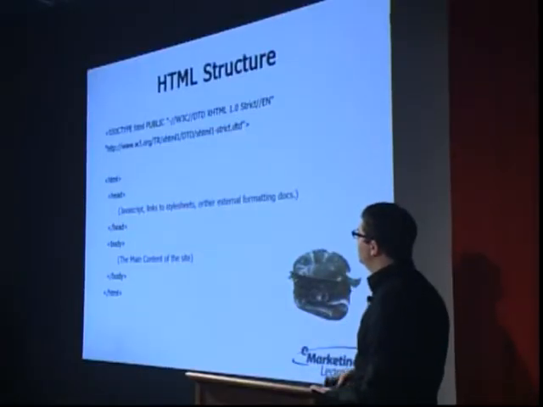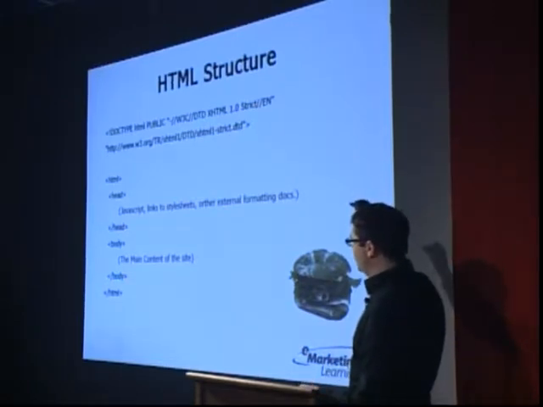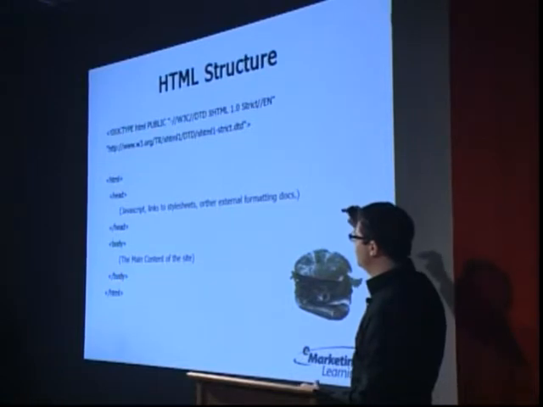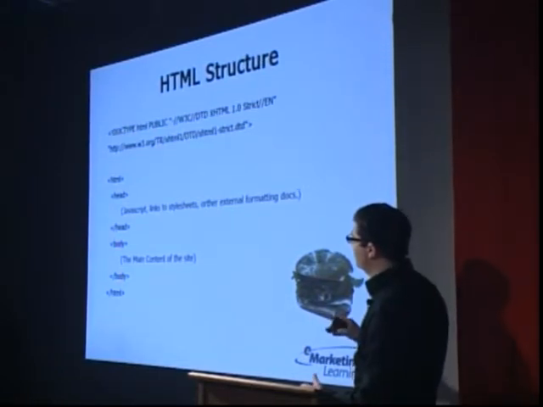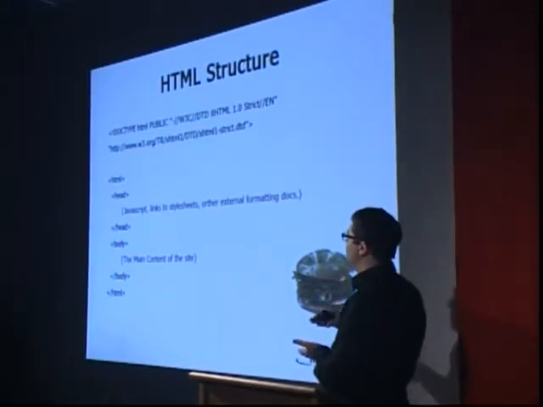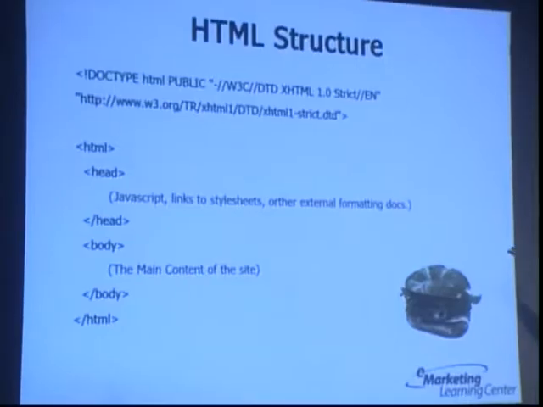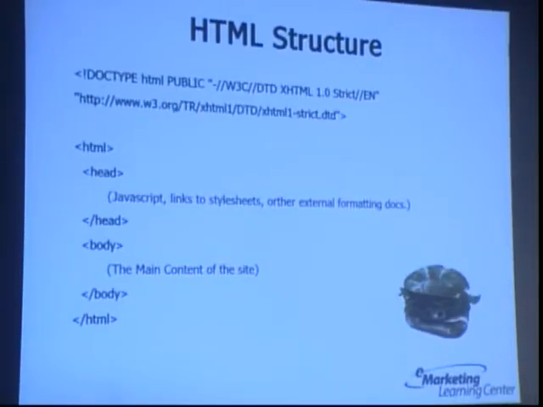So here in red, I put some text describing each area. You have the Doctype up top, then you have the open HTML, closed at the bottom, and you sandwich that information together. The head, like I mentioned, holds JavaScript, style sheets, or other external formatting documents.